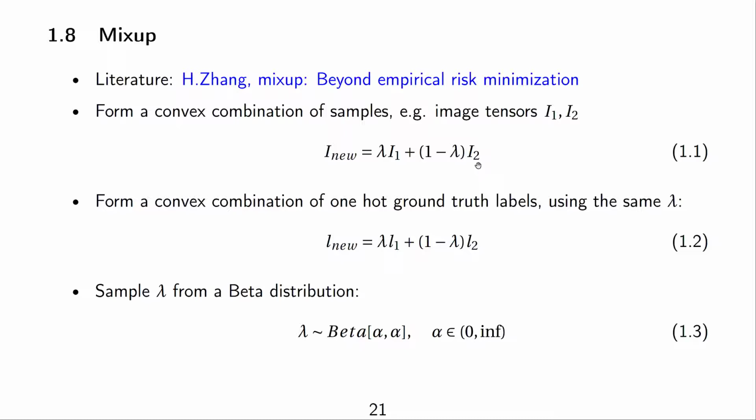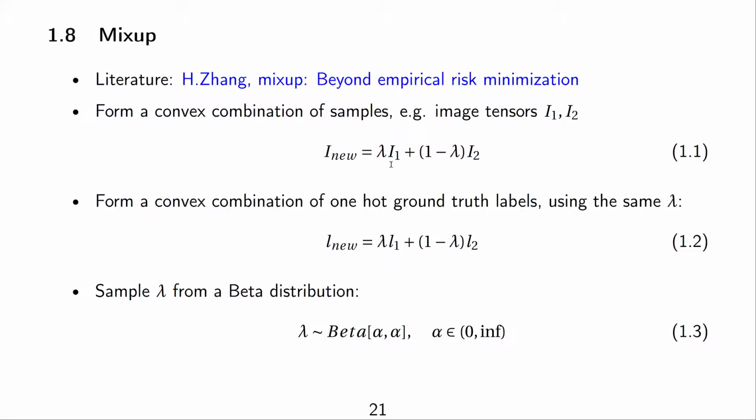More intuitively, the authors then take the ground truth labels L1 of image I1 and L2 of image I2 and mix them with the same weights as the images themselves were mixed.